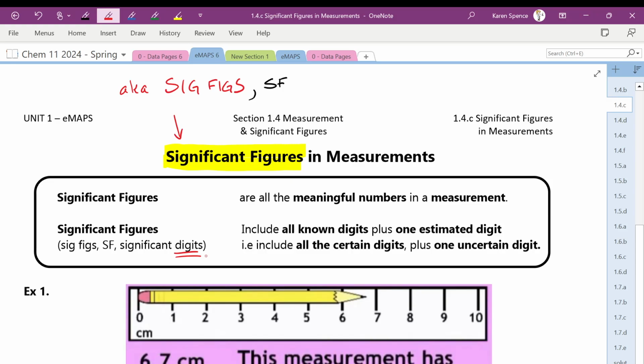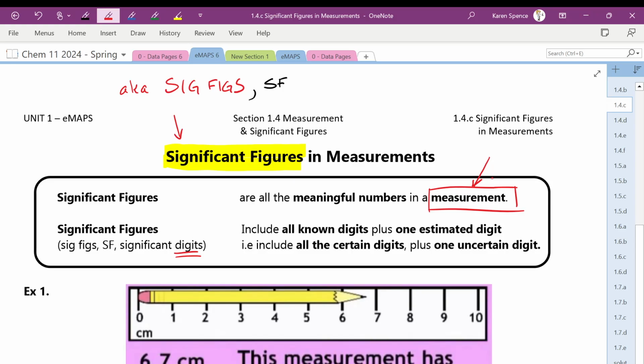So significant figures are used for measurements. We don't use them if I was saying, how many pencils do I have?